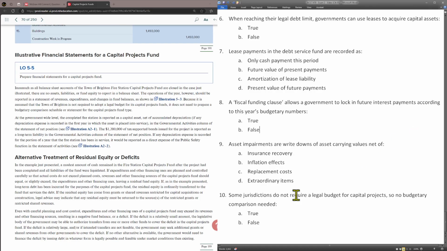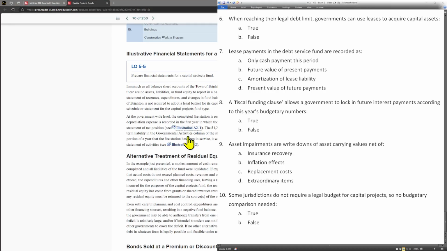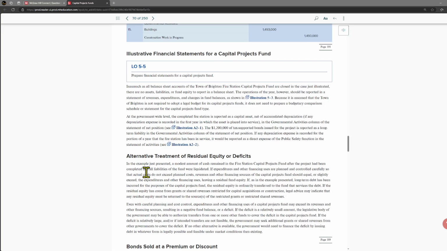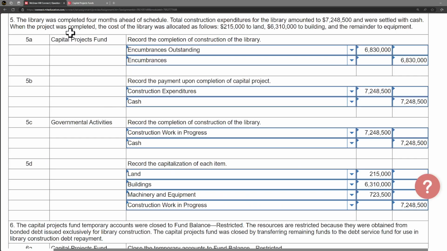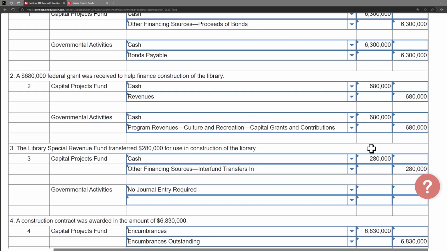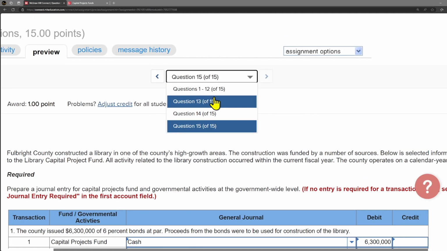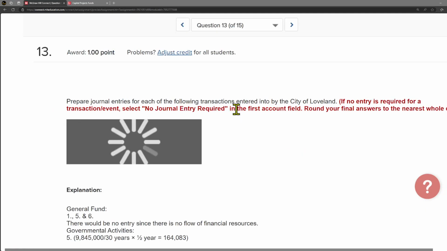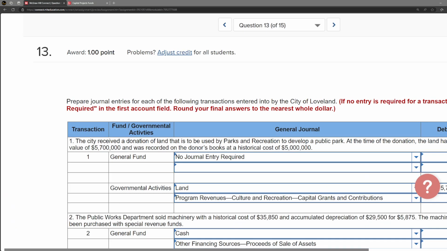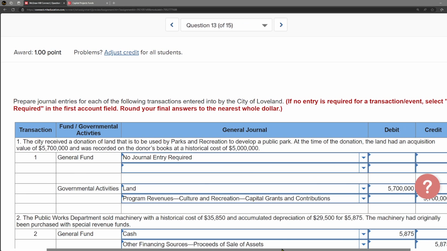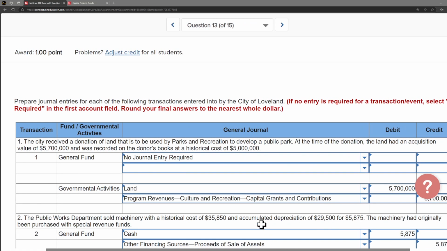Okay, so let's take a look now at homework items. And let's see what's going on here. So this one's 15. Let me back up a little bit here. These are the ones that I think are pretty important.